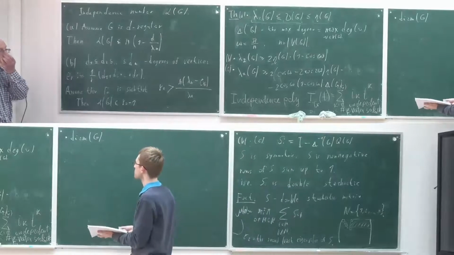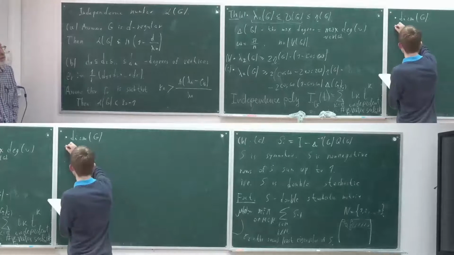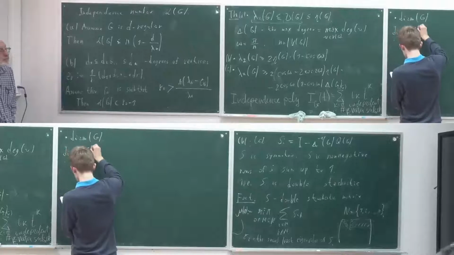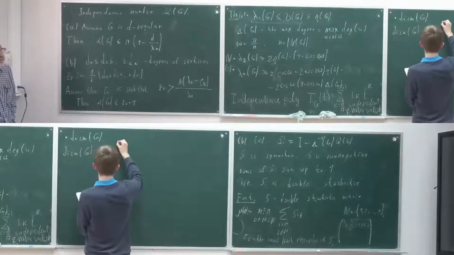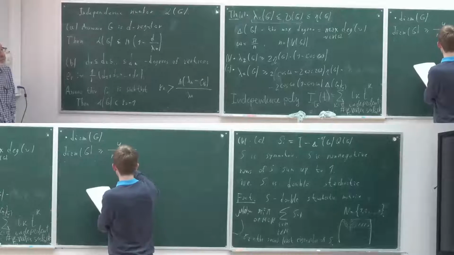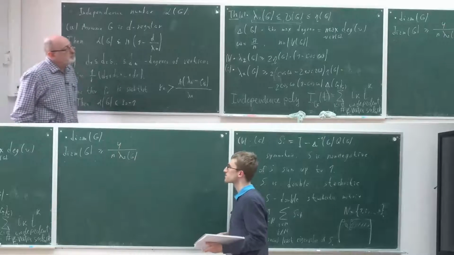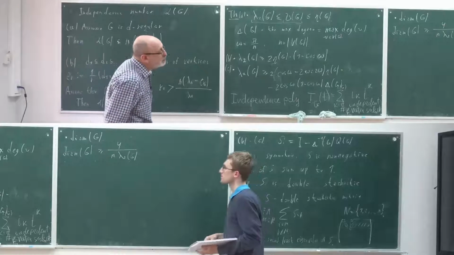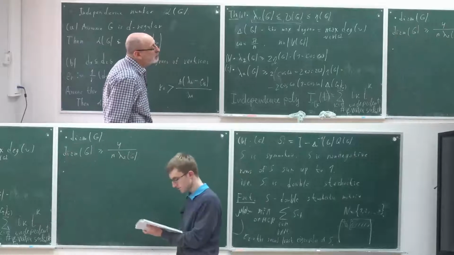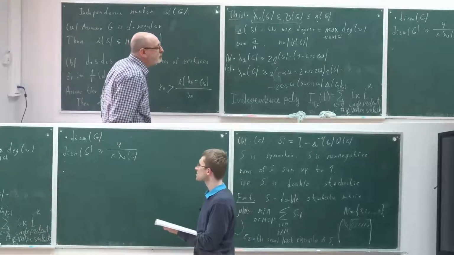And we have the following estimate for the diameter: the diameter is greater or equal than 4 over n times lambda 2 of G. So this is one more result on lambda 2.